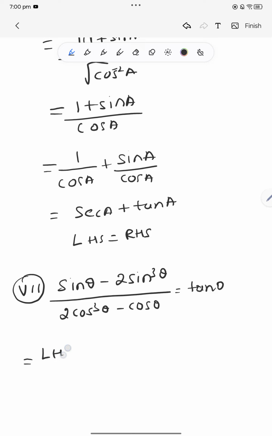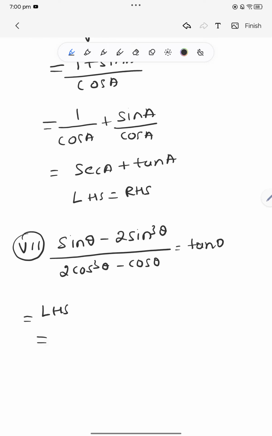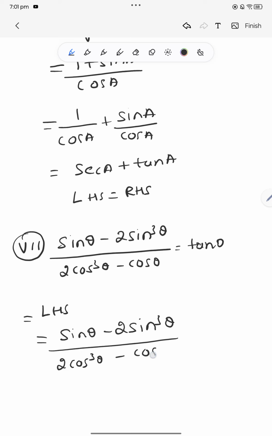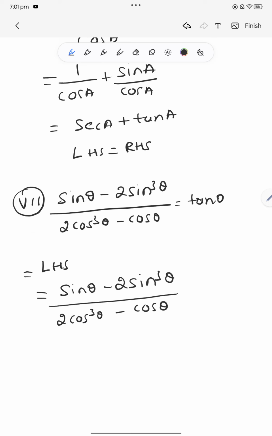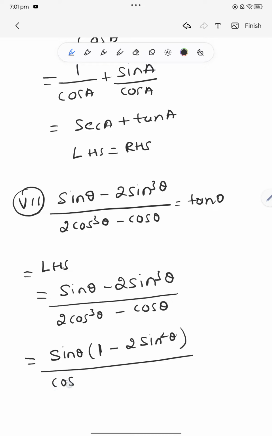Take LHS. LHS is equal to (sin theta minus 2 sin cube theta) divided by (2 cos cube theta minus cos theta). What is common in these two? Sin theta is common, so take sin theta outside. What is left? 1 minus 2 sin square theta, divided by cos theta common, with 2 cos square theta minus 1 left.